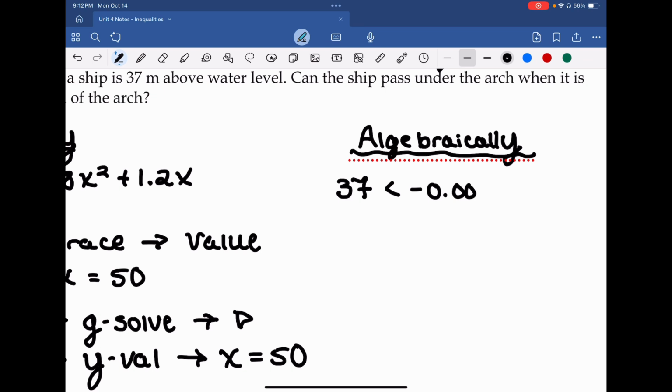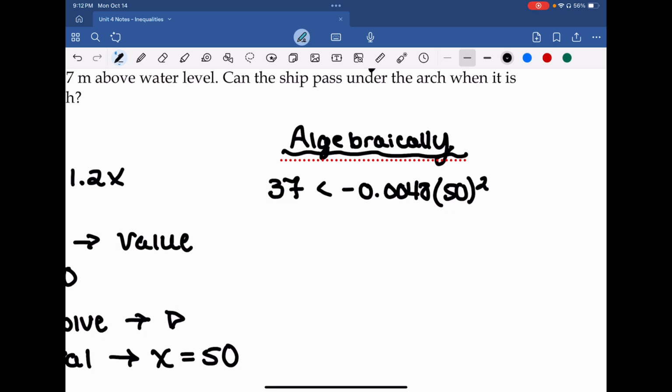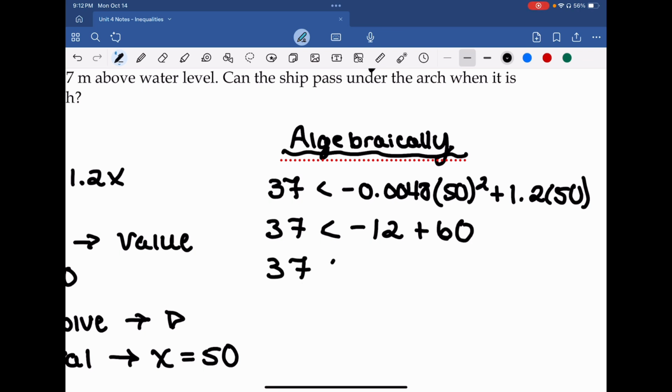Whatever the bridge height is, the negative 0.0048 times 50 squared for our x value, because that's how far we are from the edge, and then plus the 1.2 times 50. When we do this, we're going to get that 37 is less than, for the first value, negative 12. 1.2 times 50 is plus 60. Therefore, 37 is less than 60 minus 12, which is 48. Yes, this is true. So therefore, the mast will fit below.